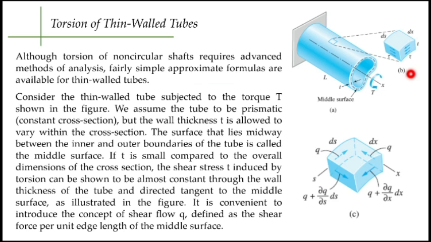torsion of thin-walled tubes. Now, although torsion of non-circular shafts requires advanced methods of analysis, fairly simple approximate formulas are available for thin-walled tubes. Now, will thin-walled tubes be used in real-world scenarios? Maybe, but the purpose is, what if?